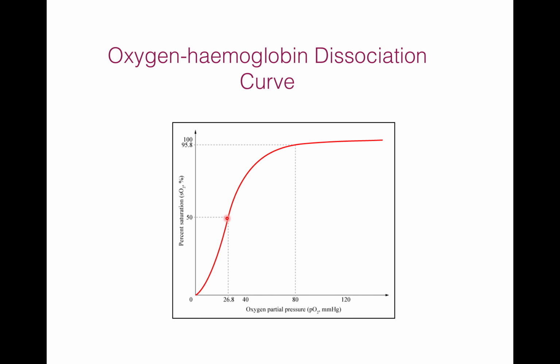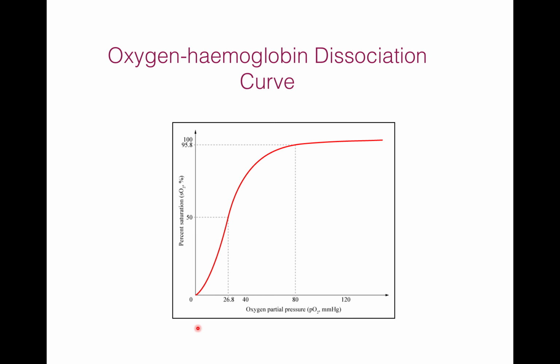Here you can see about 30% saturation at 20 mmHg, and 75% saturation at 40 mmHg. Then 97% saturation at about 95 mmHg.